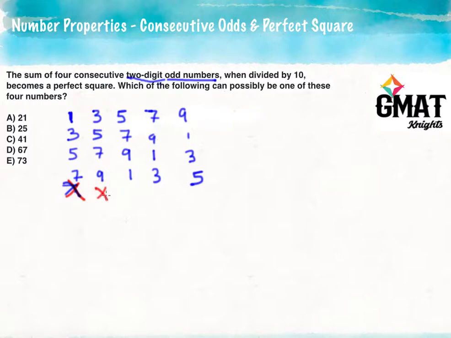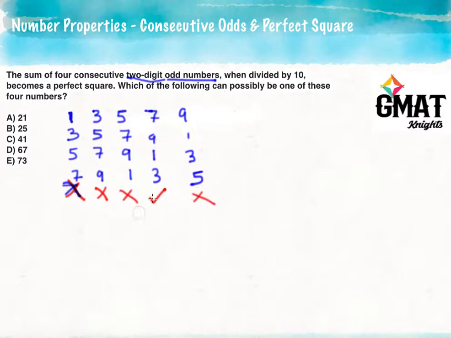Again, ignore this. 5 plus 7, 12, 9, 21, and 1, 22. Ignore this. 7 plus 9, 16, plus 1, 17, plus 3, 20. Okay, so 20 ends in 0, so we will keep this case, right? And 9 plus 1, 10, plus 3, 13, plus 5, 18. So we will ignore this case.